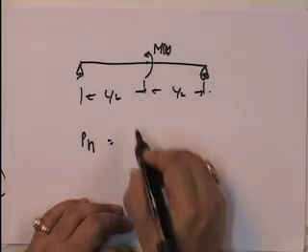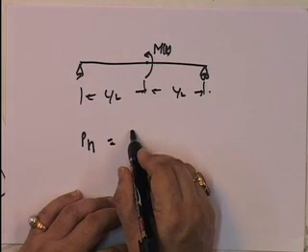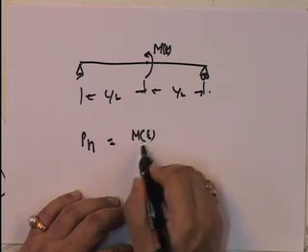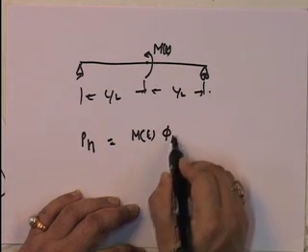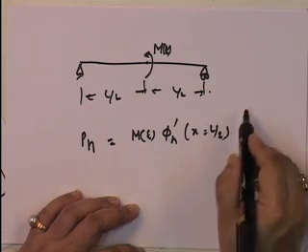Well, obviously, in the same procedure, this would be equal to m of t into phi n prime at x equal to L by 2.